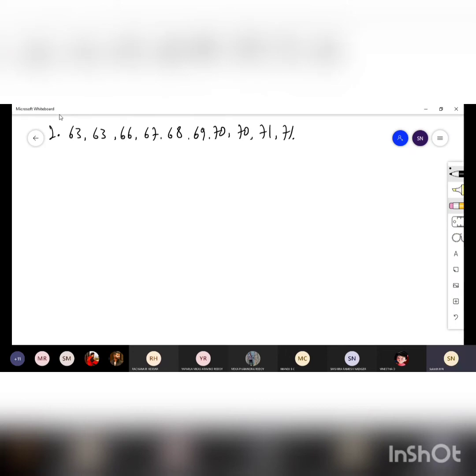Test the hypothesis that the mean height of the universe is 66 inches.